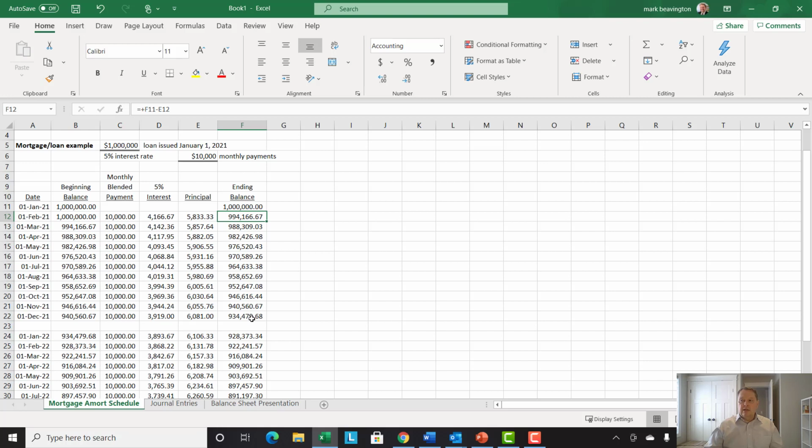That works out just fine. We paid down some principal on the mortgage. We're paying $10,000 a month towards it. We will have paid a bunch of interest, but we have paid some principal, so that's good.